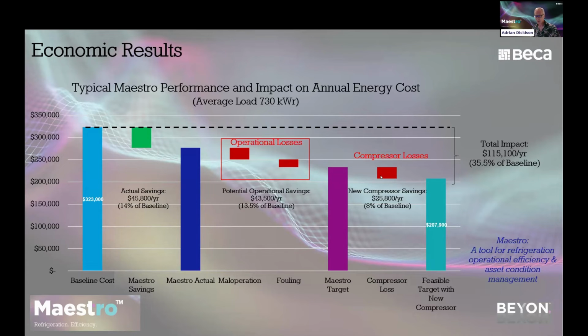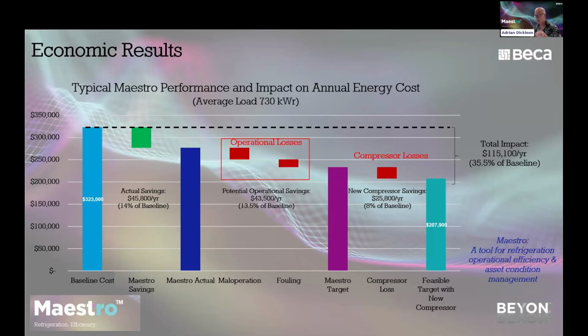And then of course we can actually enumerate the compressor losses and show them as a power loss too. In this system, it turns out to be about 8% of the baseline. Before I was talking about very high compressor power losses, but that's usually at high loads.